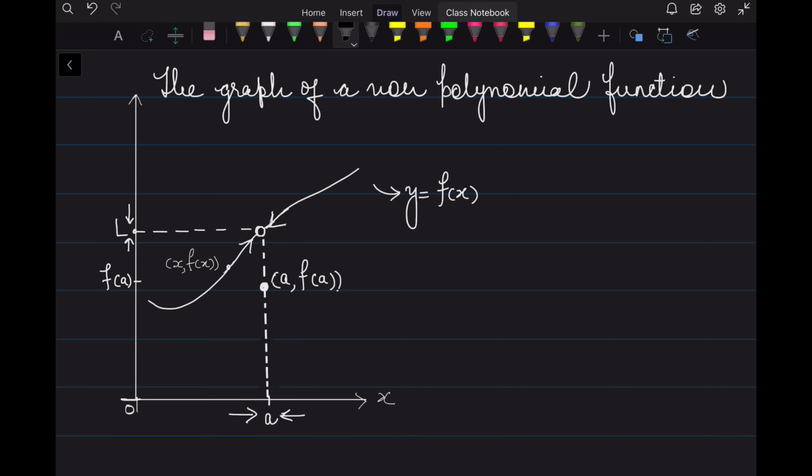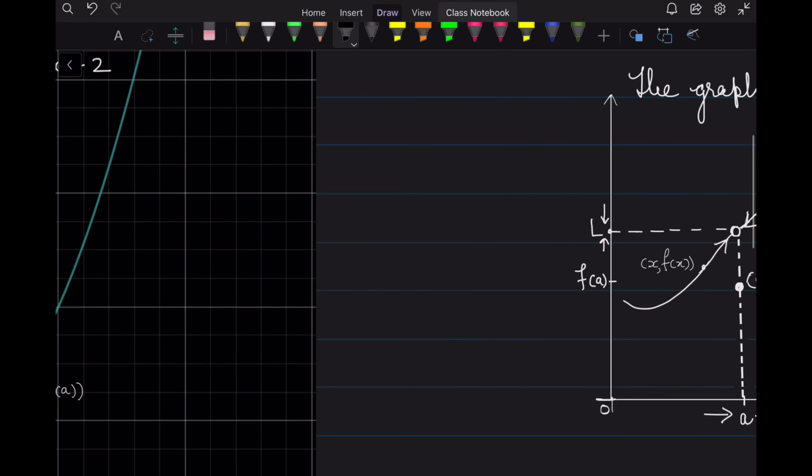That is, the limit of this function as x approaches a is not equal to the value of this function at x is equal to a. And it is because of this that the graph is broken at x is equal to a, which is not the case here.